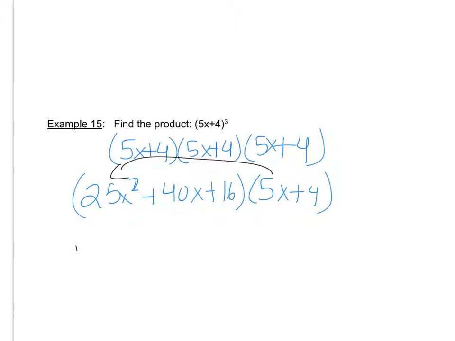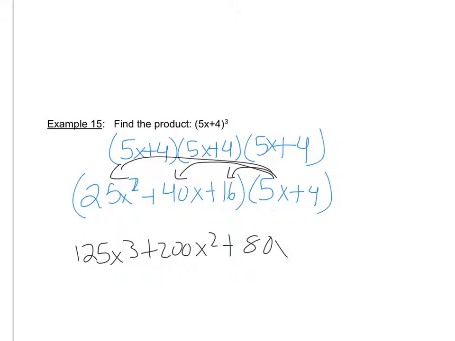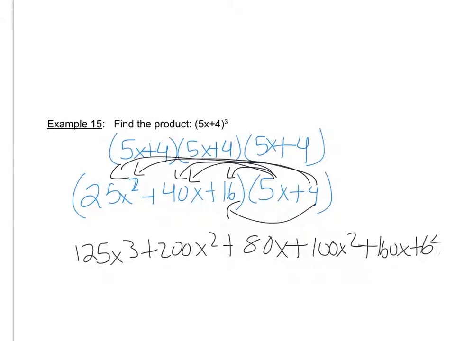distribute it. So you get 125x to the third plus 200x squared plus 16 times 5, 80x plus 100x squared plus 160x plus 64.